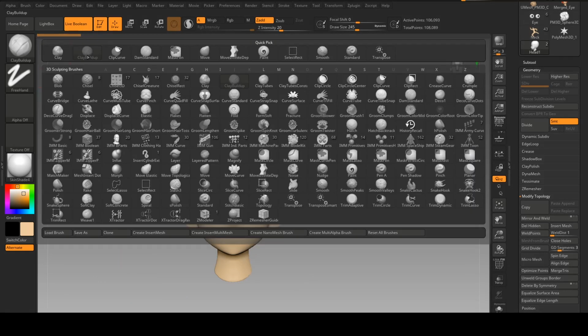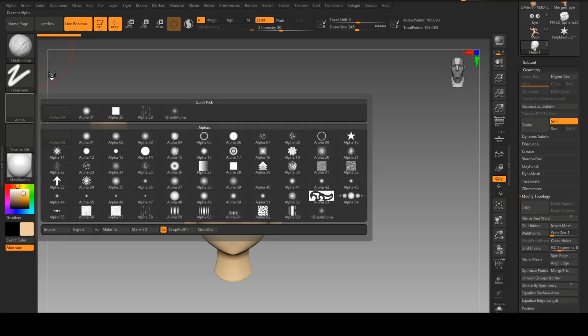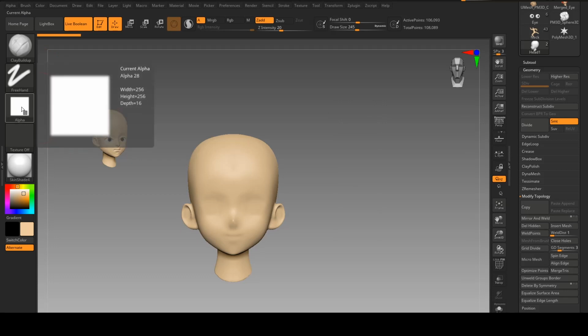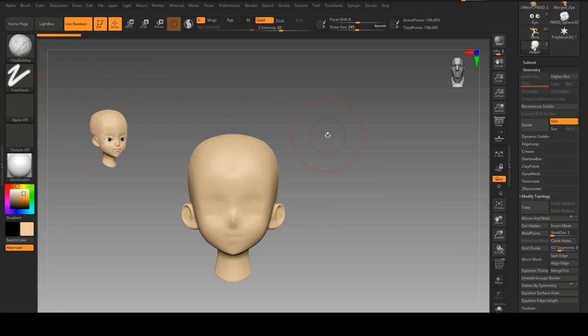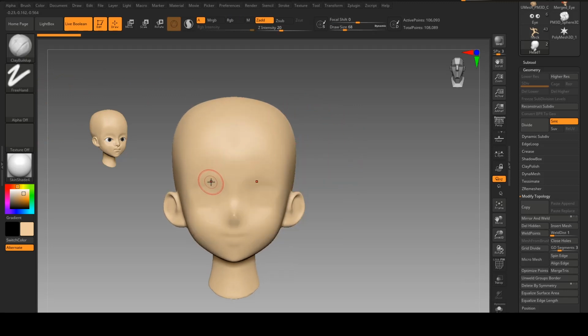When you sculpt, there are two clay builds. I like clay build, and normally clay build has a square alpha, but I switch off the alpha, and then sculpt.